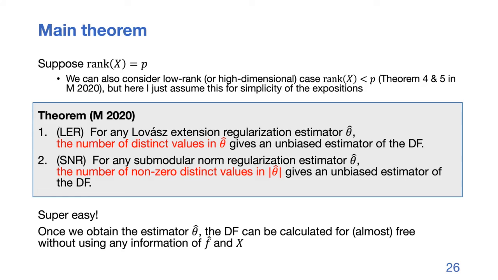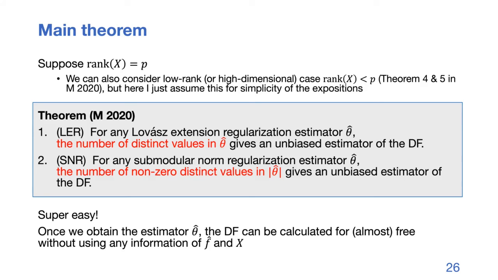Okay. So here is the main theorem. First, for any Lovász extension regularization, the degrees of freedom is given as the number of distinct values in theta hat. Second, for any submodular norm regularization estimator, the number of non-zero distinct values in absolute values in theta hat gives an unbiased estimate of the degrees of freedom.